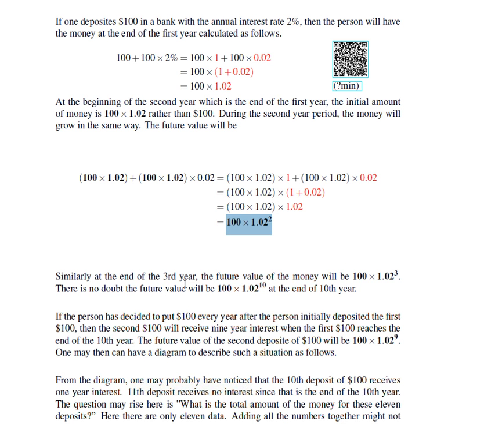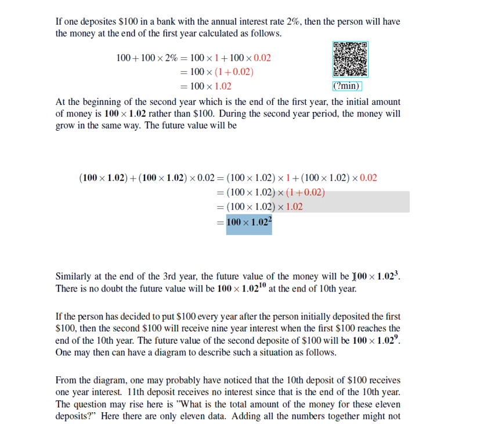Then there is no problem that at the end of the third year it is going to be 100 times 1.02 cubed. The end of the second year is this much, where the exponent is 2.